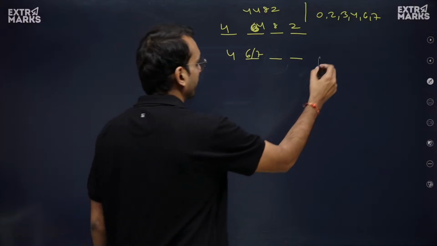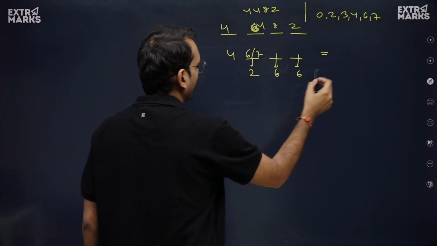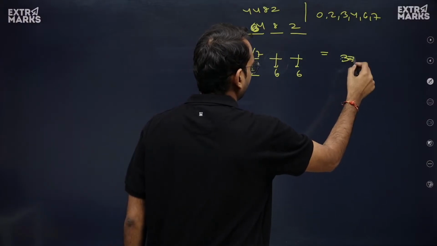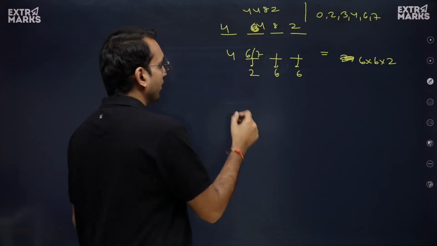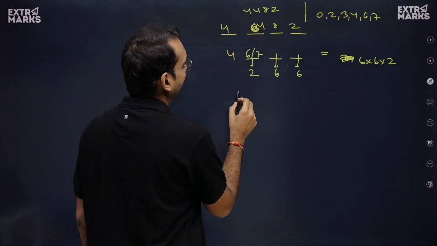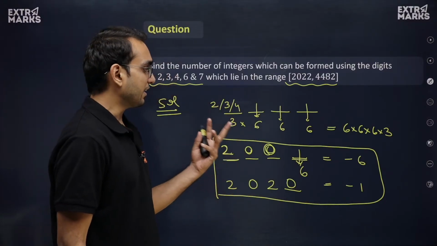How many such numbers will there be? It will be 6, 6, and 2. So 6 into 6 into 2.